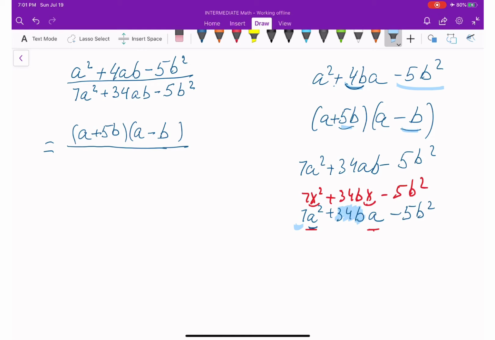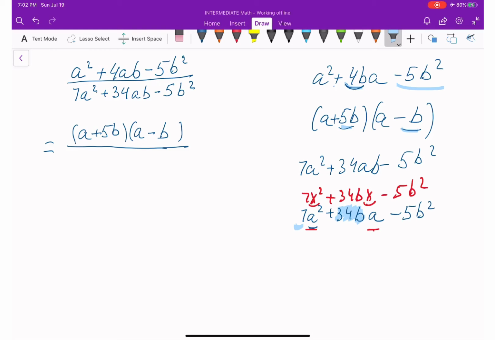Can I take any common factor from here? What do you think? Can 7 become our common factor? No, because 34 you cannot divide by 7. Although 56 you can divide, it will be 8, but 34 is not divisible by 7.